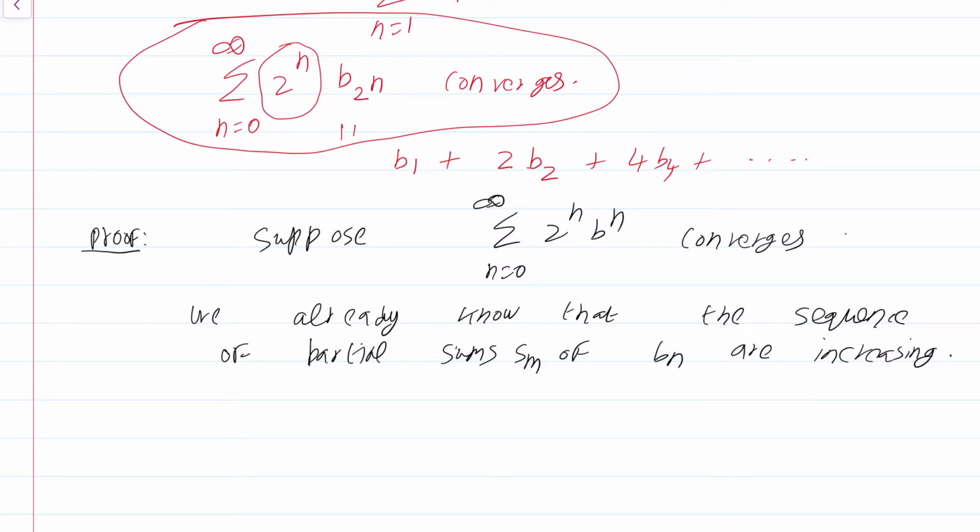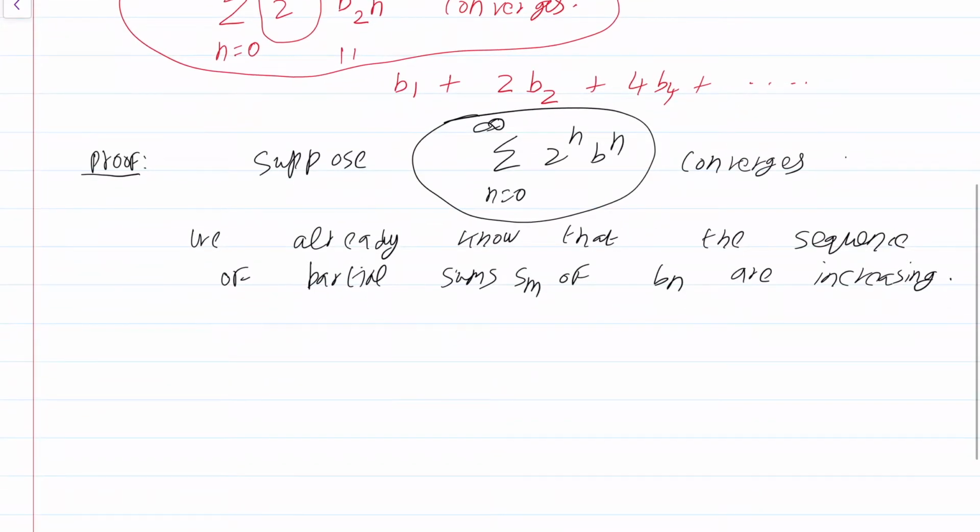So what I'm going to do now is determine what Sm is using the fact that this series converges, summation 2 power n b 2 power n. How do I do that? Well, fix m less than or equal to 2 power k plus 1 minus 1.